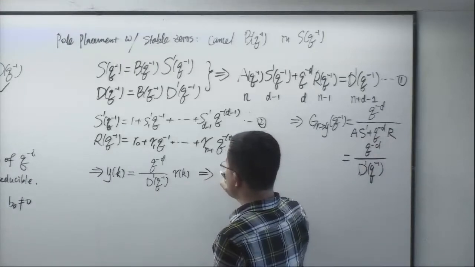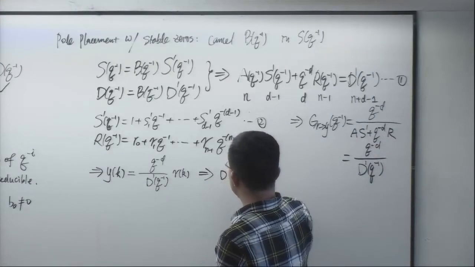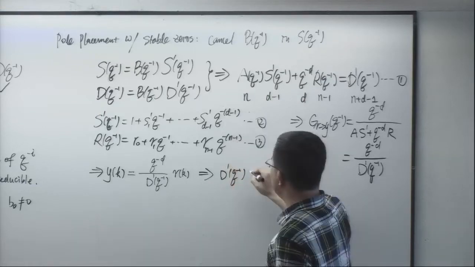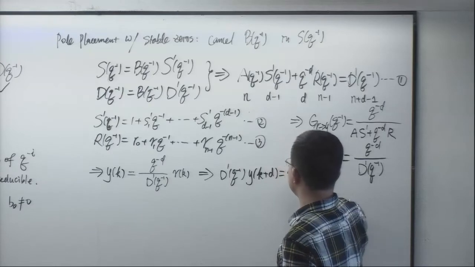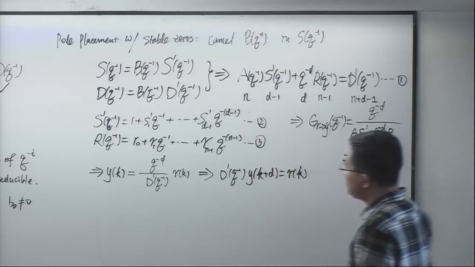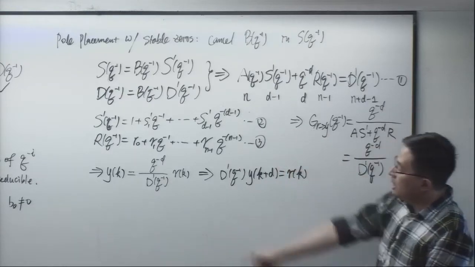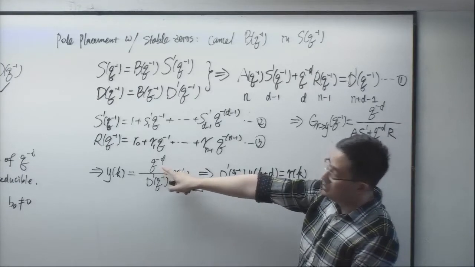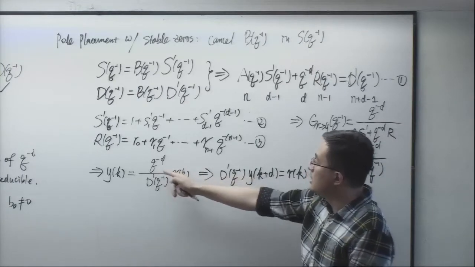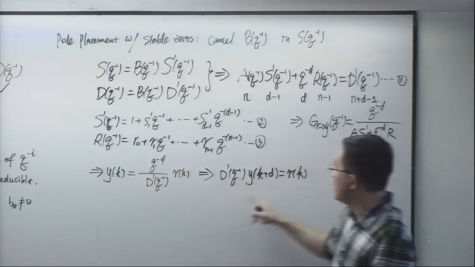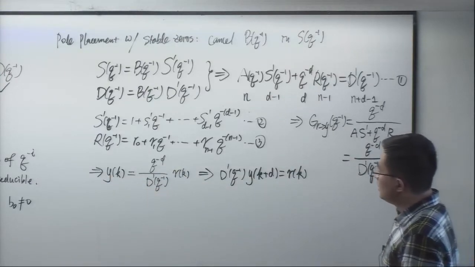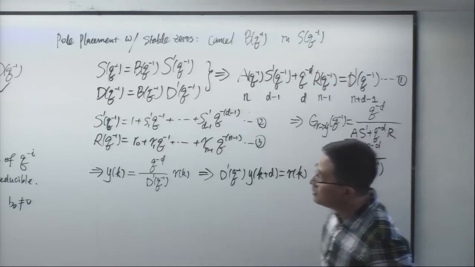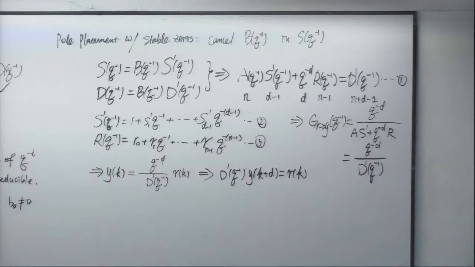And this means d prime q inverse yk plus d equals rk. All right? I have shifted the delay operator to the left, and it becomes yk plus d. Okay, so we finished this part of analysis.